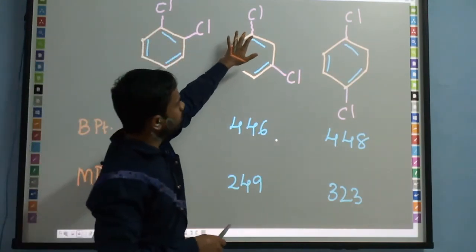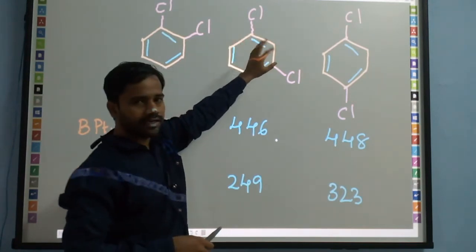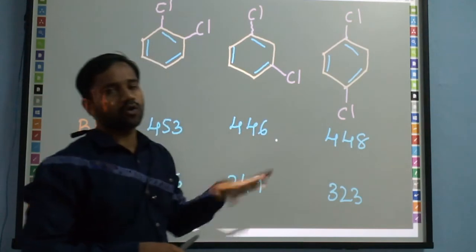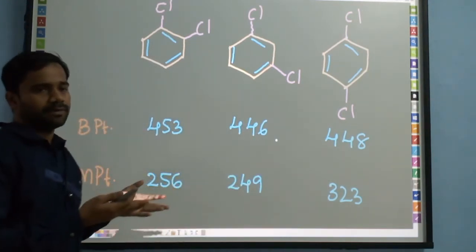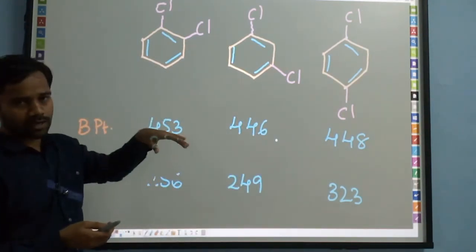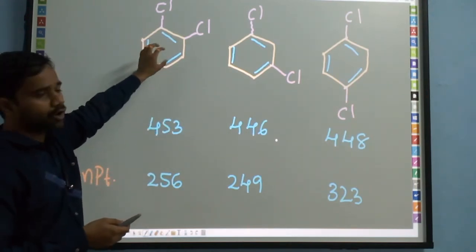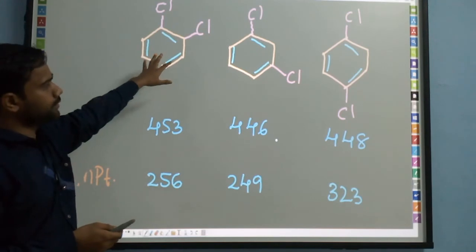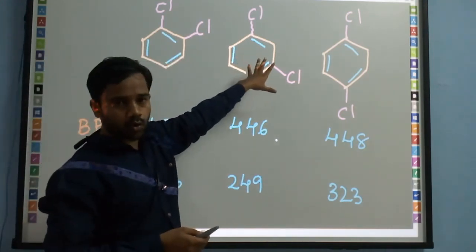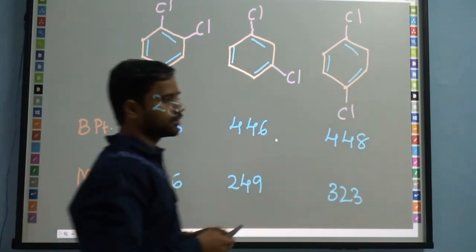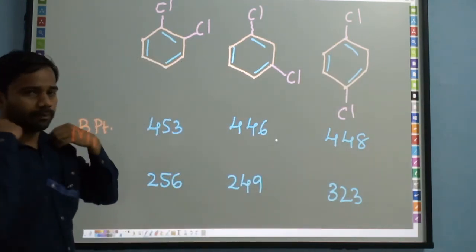This one is 1,3-dichlorobenzene, and this one is 1,4-dichlorobenzene. These are the IUPAC names. The ortho position is o-dichlorobenzene, this one is m-dichlorobenzene, and this one is p-dichlorobenzene. These are the common names of these compounds.